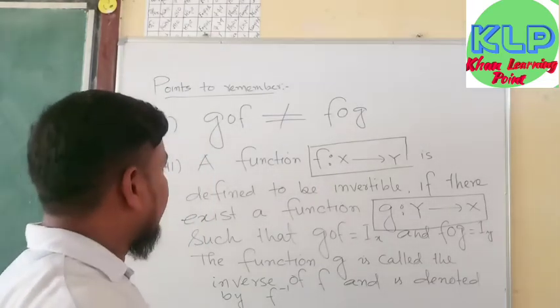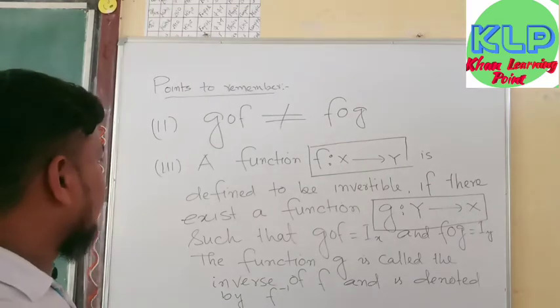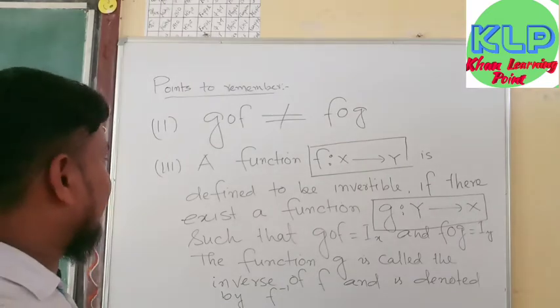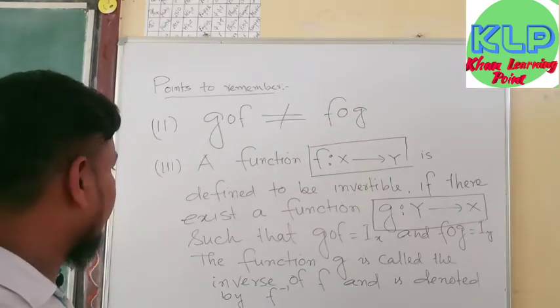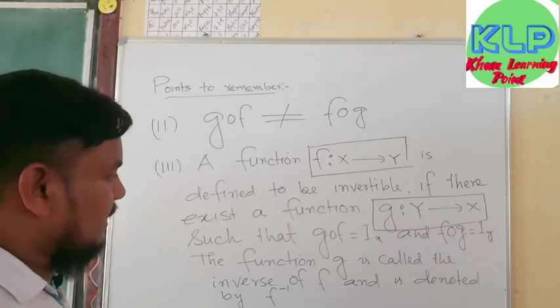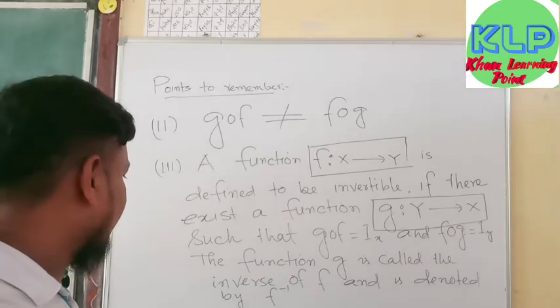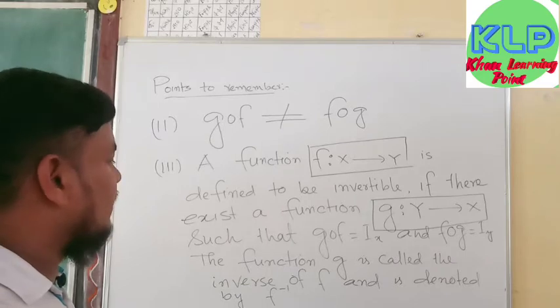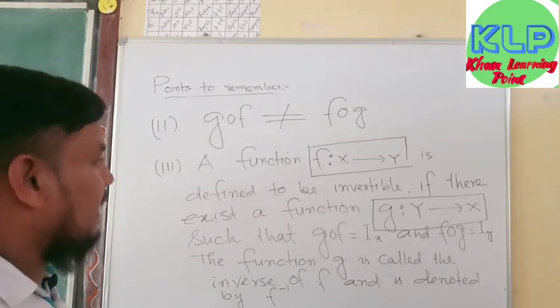And the second point: a function f from X to Y is defined to be invertible if there exists a function g from Y to X such that gof is equal to I_X and fog is equal to I_Y. The function g is called the inverse of f and is denoted by f inverse.